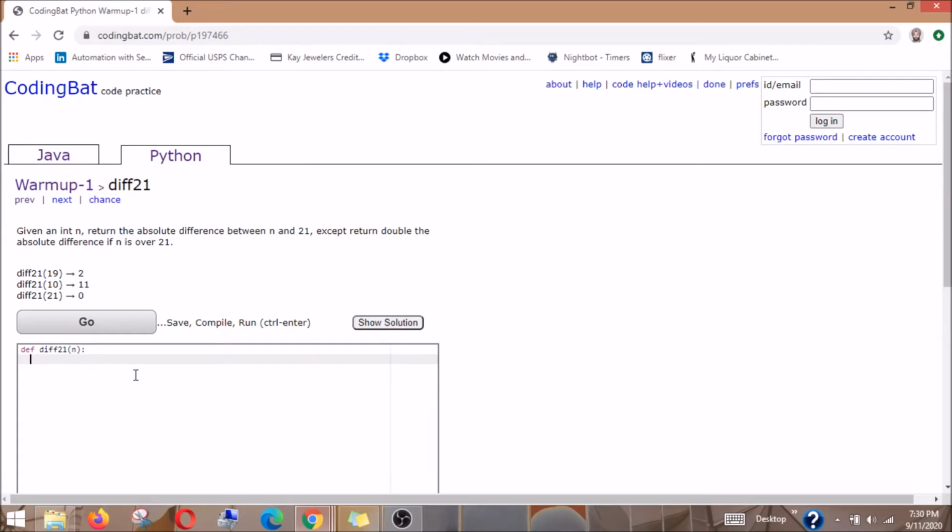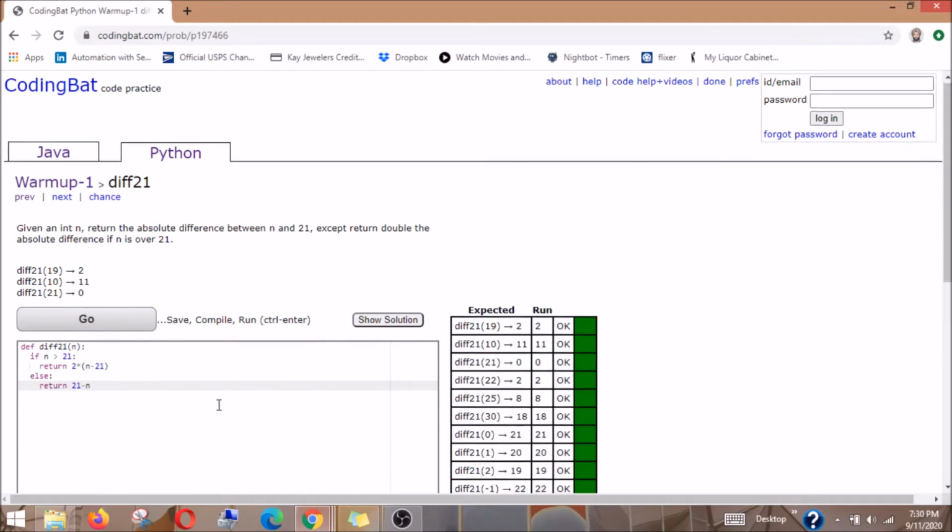Given an integer n, return the absolute difference between n and 21, except return double the difference if n is over 21. If n is greater than 21, then return 2 * (n - 21), else return 21 - n.